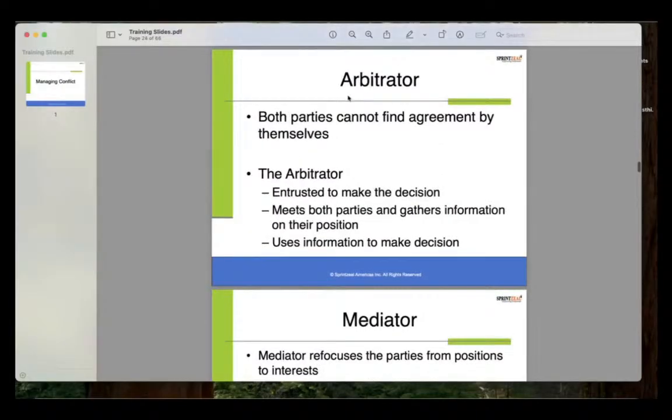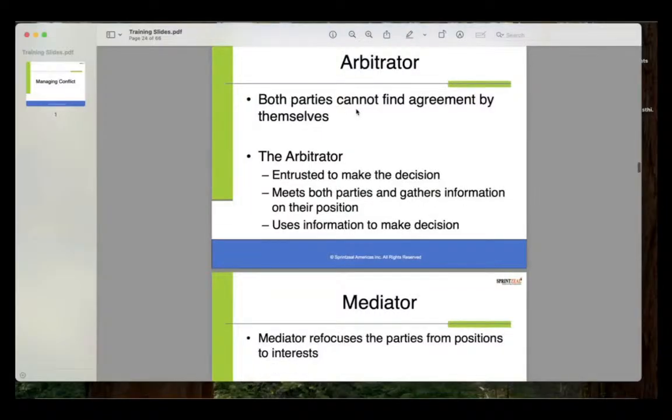Again, let me give you a recap about the arbitrator. What does the arbitrator do? The arbitrator comes into the picture when both parties cannot find agreement by themselves. The arbitrator is entrusted to make the decision, and both parties have to align with it.